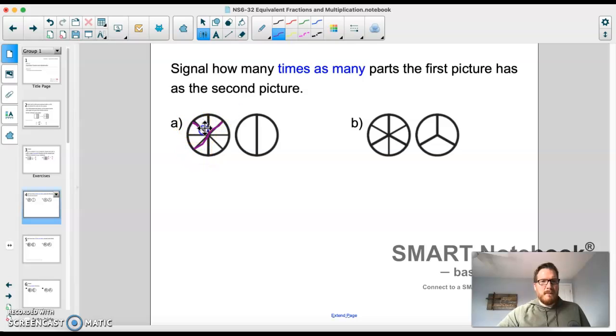So this side now has 1, 2, 3, 4 parts, and this side has 1, 2, 3, 4 parts, which means this has 8 parts total versus 2 parts over here. So this shape has 4 times as many parts. This one has 3, and this one now has 1, 2, 3, 4, 5, 6. And so we would say that this shape has 2 times as many parts as the first one.